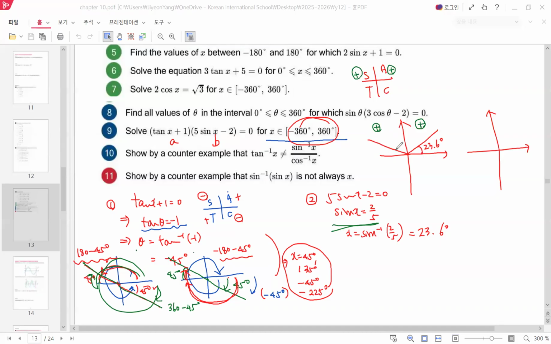Then please draw this line and mark it as 23.6 degrees. Now let's read these lines by positive direction, 23.6, and then 180 minus 23.6, these two angles. In the negative direction, basically the angle is the same, right? Just the way that we read the angle is different.